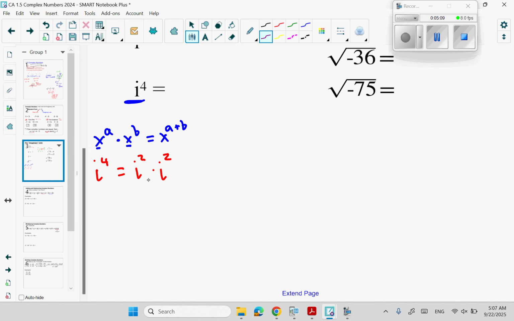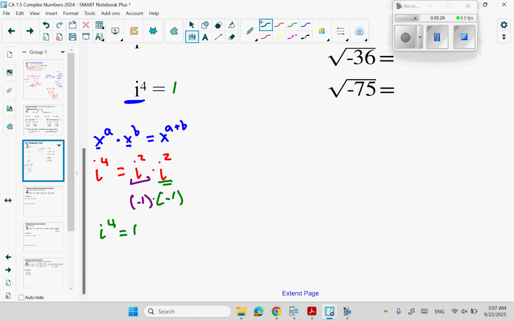Therefore, I could recognize that i squared, I already know, is negative 1. And here I already understand that this i squared is also negative 1. So I get negative 1 times negative 1, meaning that i to the fourth has to equal positive 1.